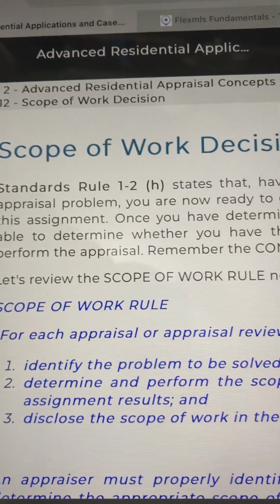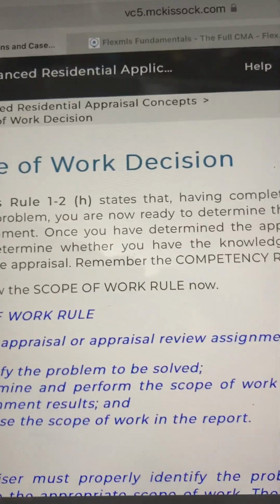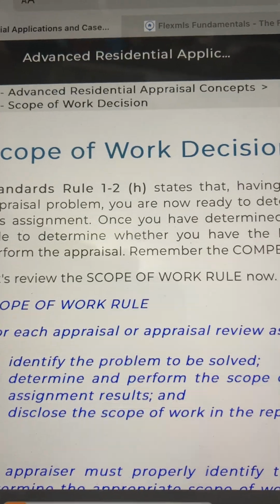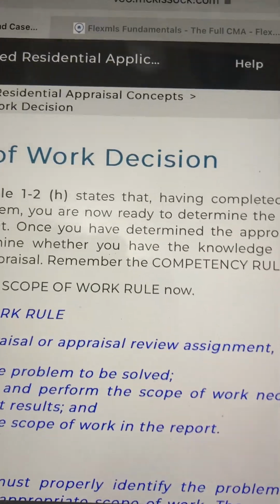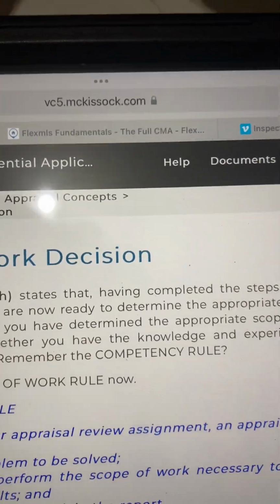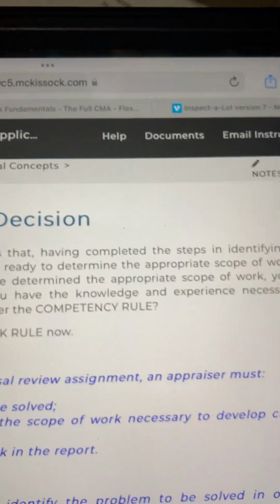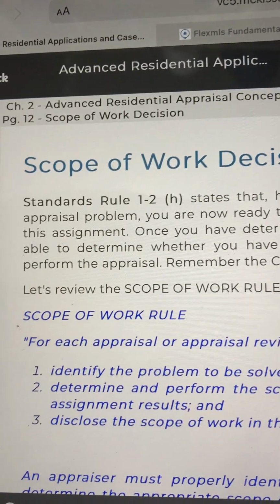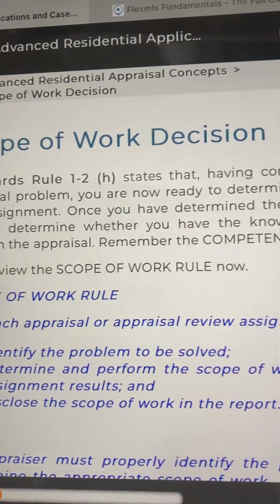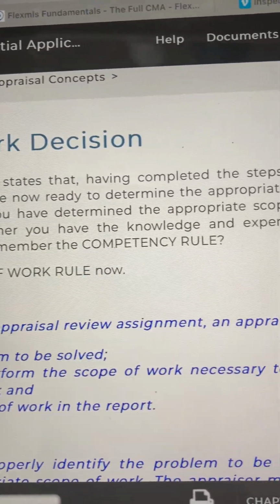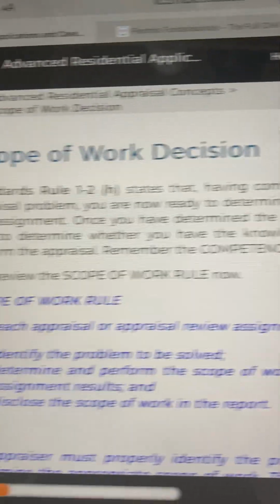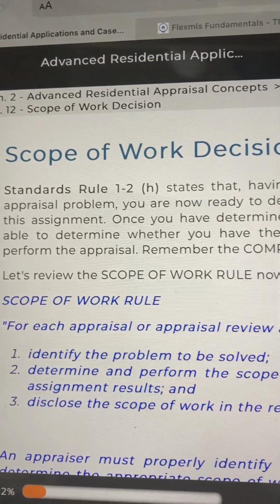Page 12. Scope of work decision. Standards Rule 1-2H states that having completed the steps in identifying the appraisal problem, you are now ready to determine the appropriate scope of work for this assignment.